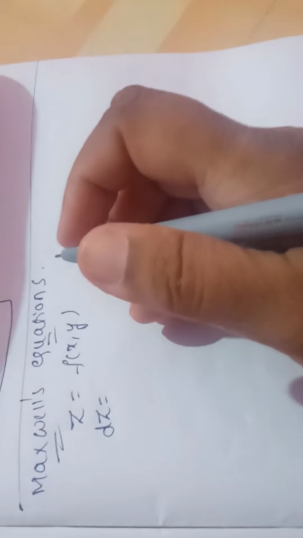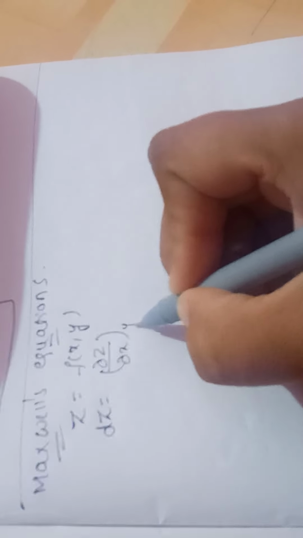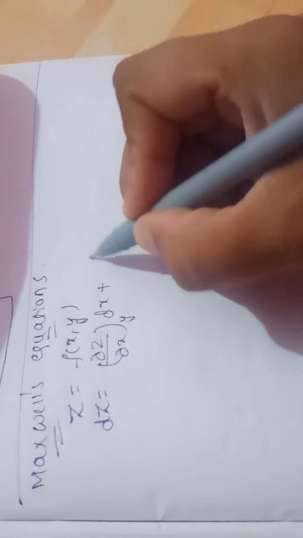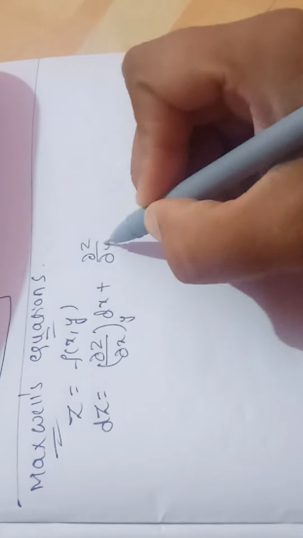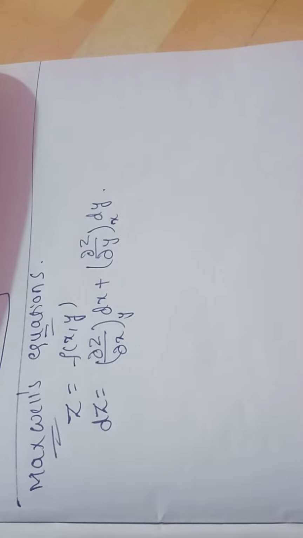Now, a mathematical theorem: I am writing z as a function of x comma y. Doing partial differentiation, I get dz is equal to dou z by dou x at y dx plus dou z by dou y at x dy, right?